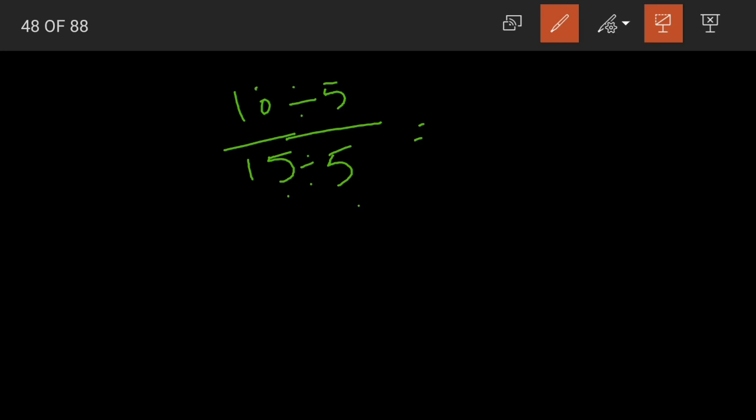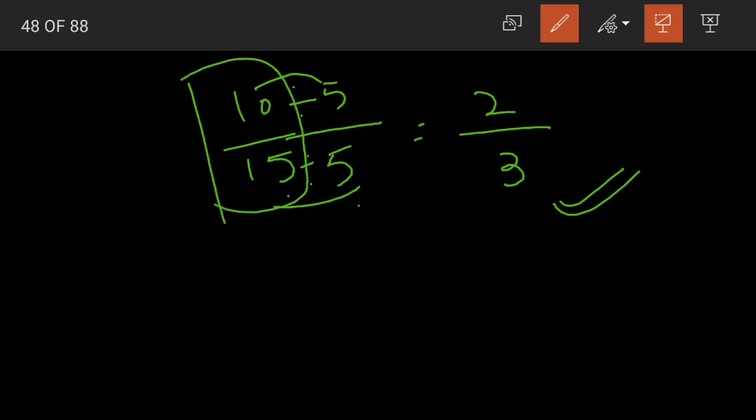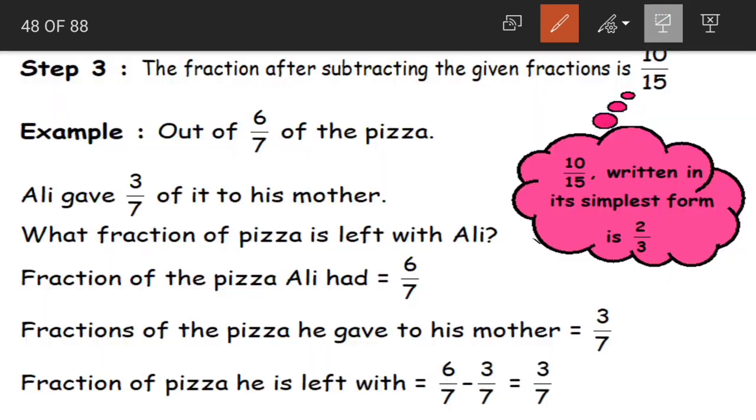That is their highest common factor. 10 divided by 5, 2. 15 divided by 5, 3. So 2 by 3 becomes the simplest form of our difference, that is 10 by 15. The final answer, what is it, children? 2 by 3 will become our final answer.